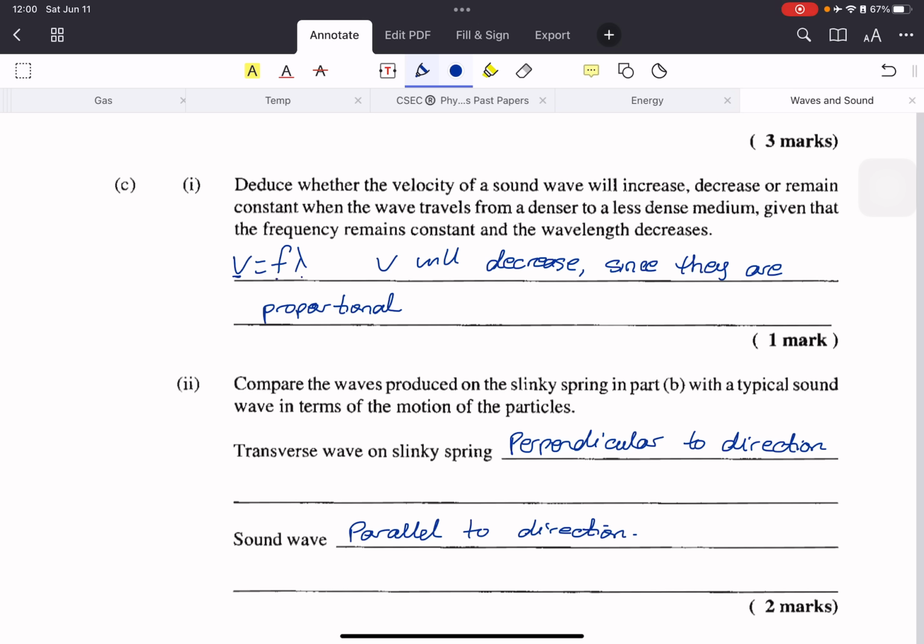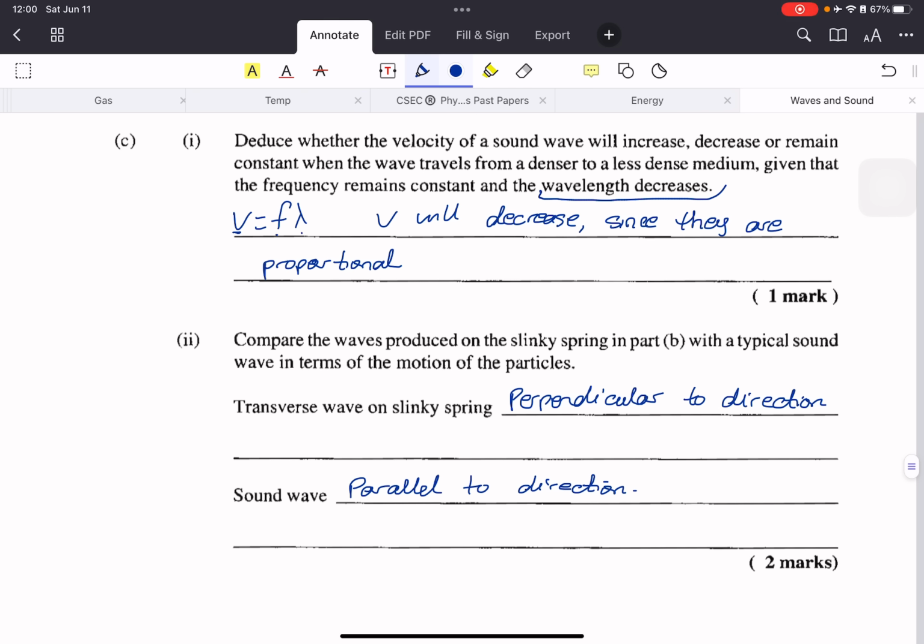So if by chance the frequency were to increase, the velocity would increase. If the frequency was going to decrease, the velocity would decrease. Similarly, for the wavelength, if the wavelength increases, the velocity increases. If the wavelength decreases, the velocity decreases. We call this directly proportional. So, if the wavelength decreases, the velocity will also decrease because they are directly proportional.